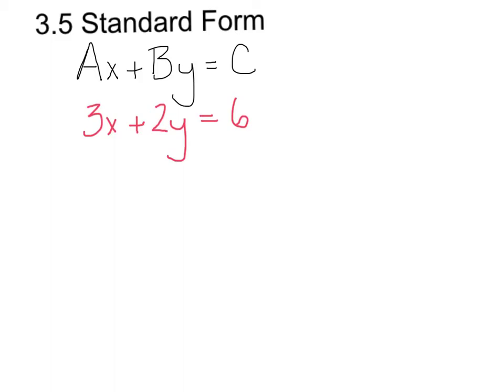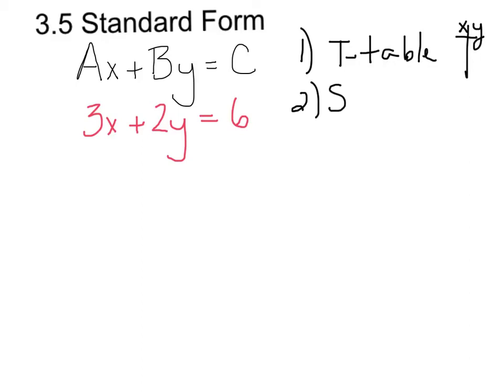So what are the three ways you've learned to graph something? You've done t-tables. A t-table is when you find any value of x and plug it in and solve for y. The second way is slope and intercept. Slope and intercept is when you find the slope and the y-intercept and use that to graph.